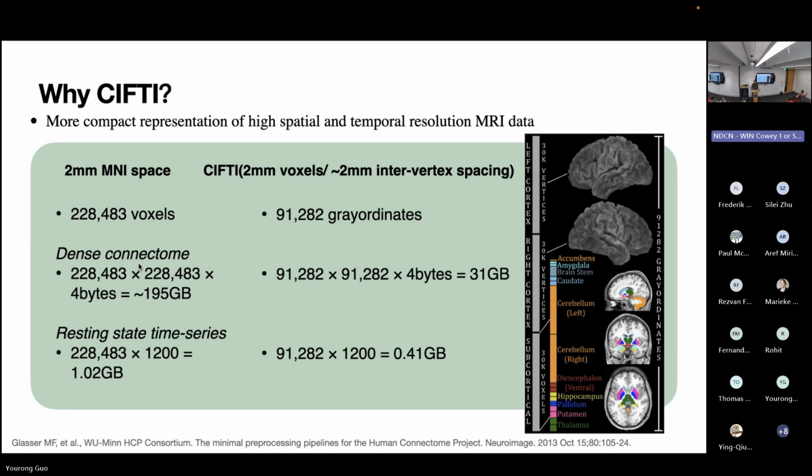Especially in terms of the dense connectome. The dense connectome is the connectivity between any pairs of two locations in the brain. And for the resting state time series, if you have like 1,200 time points plus this many voxels, it's much bigger than these CIFTI files.